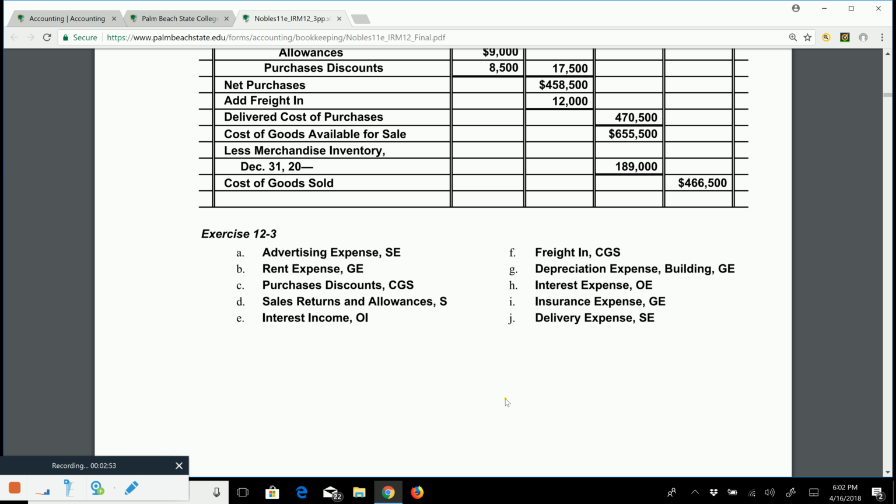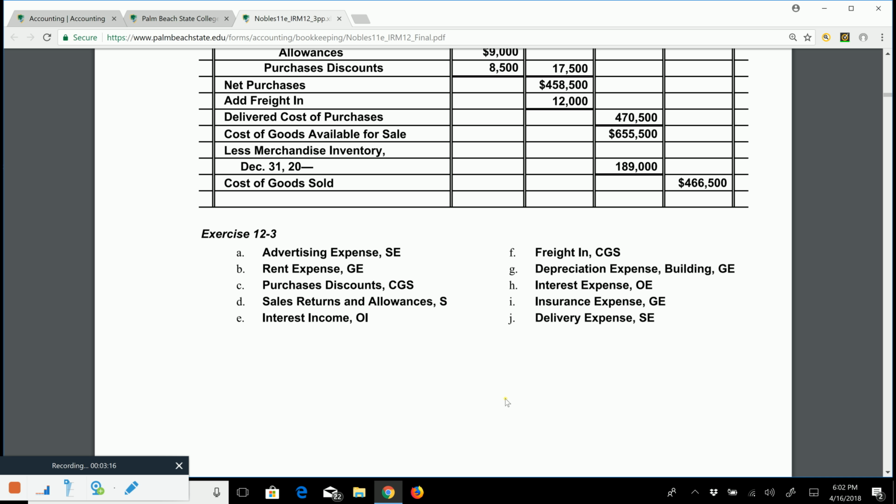Sales returns and allowances, as we've talked about in the past. This is a contra sales account, and this would indeed be part of the sales category. Interest income. So this is interest that we receive from most likely the bank. It has nothing to do with day-to-day operations of the business, but it is indeed income.